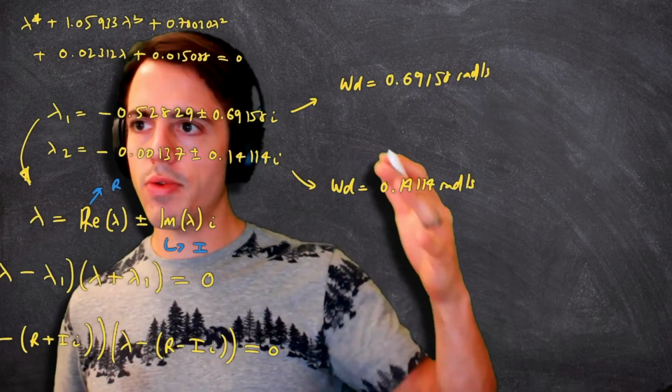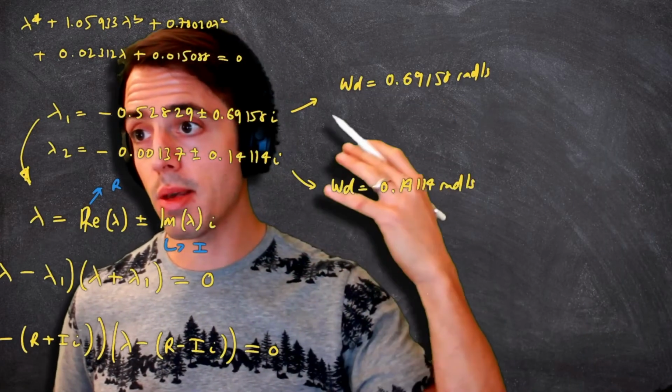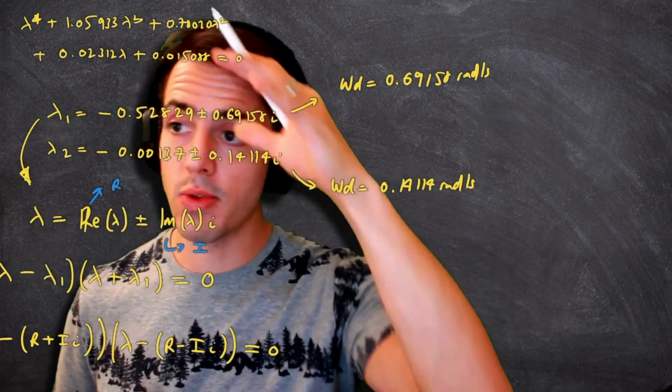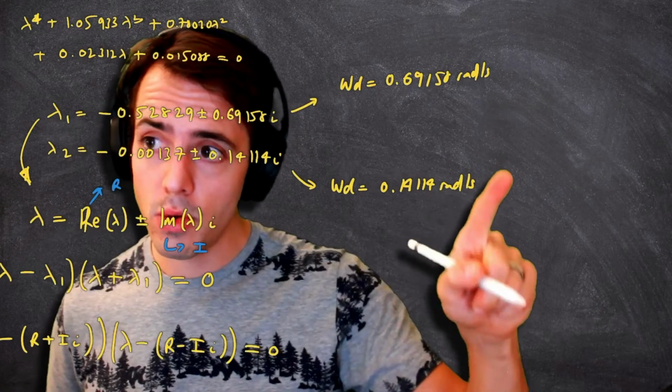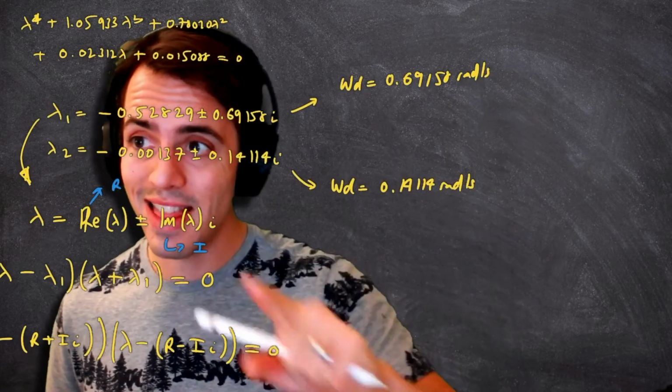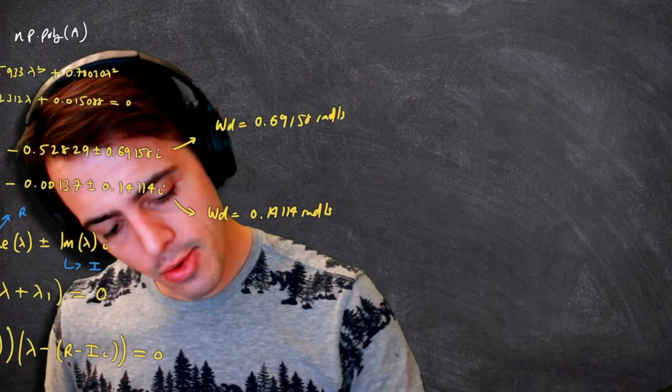So let's think about what these two things actually mean. Now, the damped natural frequency is the actual time the system takes to respond. The natural frequency would be the frequency that would occur if there was no damping present. So if we want to know the period of any oscillations, then this is the one that we need to use.